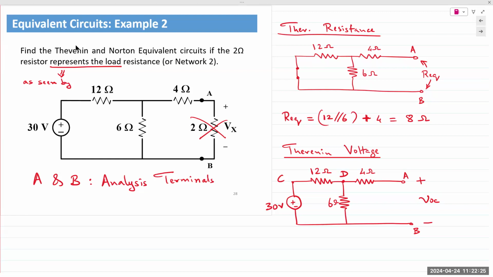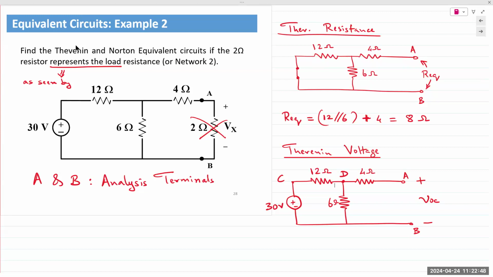If there is no current flowing through that 4 ohm resistor, what is the voltage across that resistor? 0 volts. They are both exactly the same potential. Voltage is the difference in electric potential between any 2 points. If there's no current flowing through that resistor, voltage is 0. That means both of them are exactly the same potential.